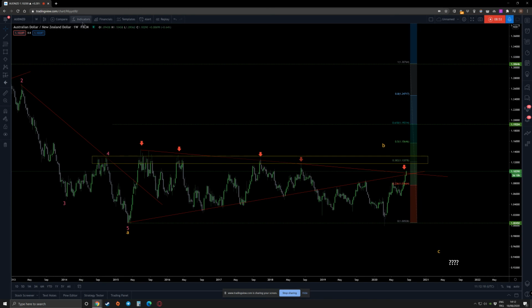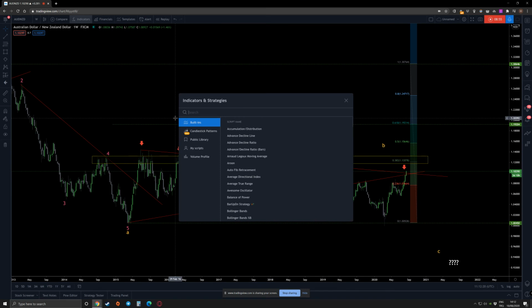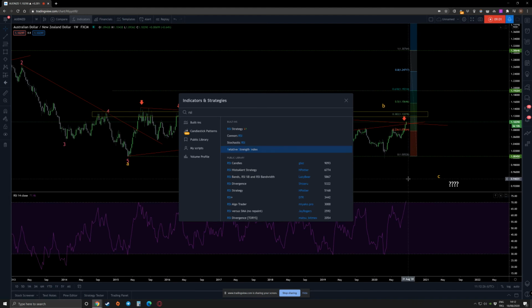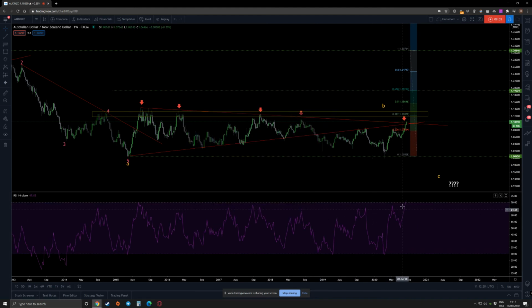Okay, so I will go to indicators. I want to write RSI, relative strength index, and look at this. Now we are in an overbought situation. Okay, now you can say that it is an overbought situation.